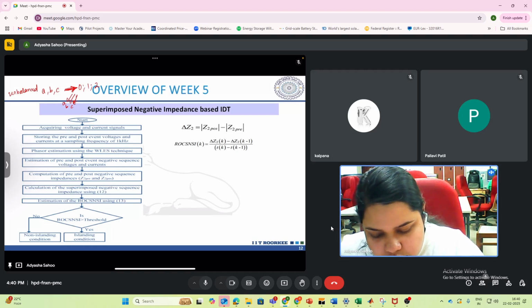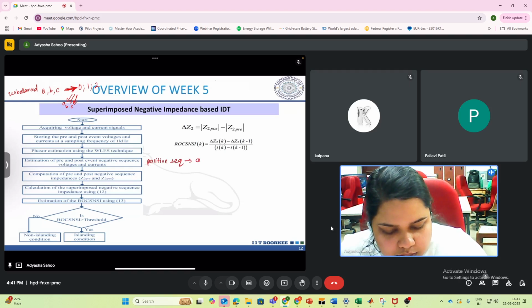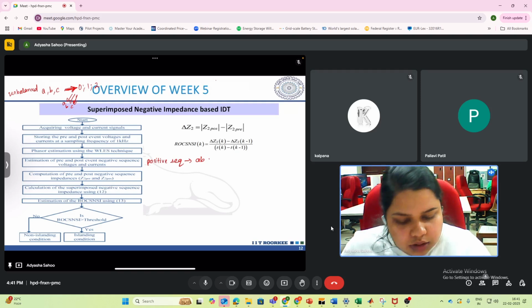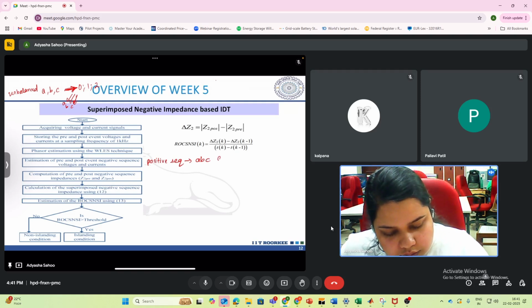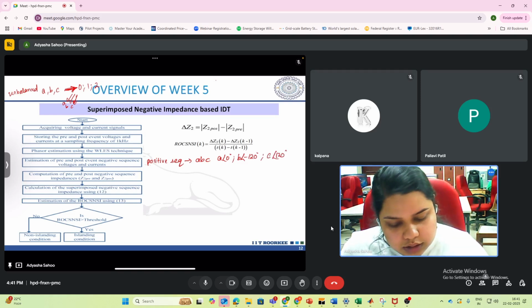In the positive sequence network, the same ABC phasor rotation takes place. That means if A is at 0, your B will lag A by 120 degrees, and C will lead A by 120 degrees.